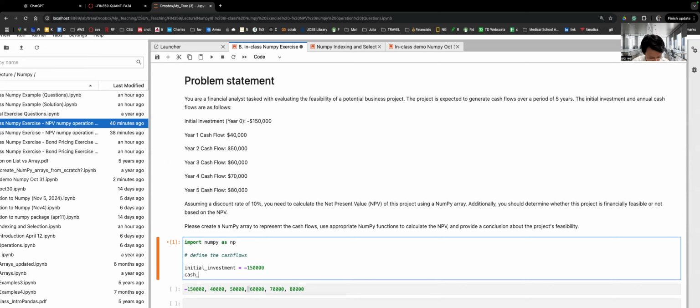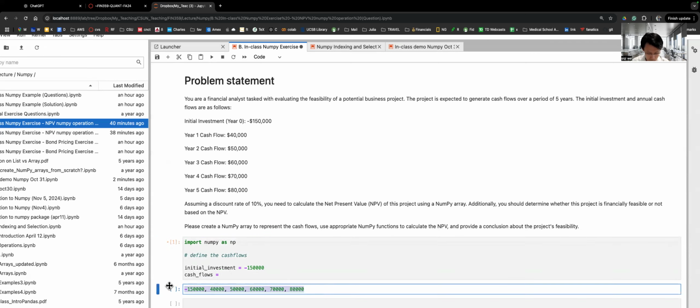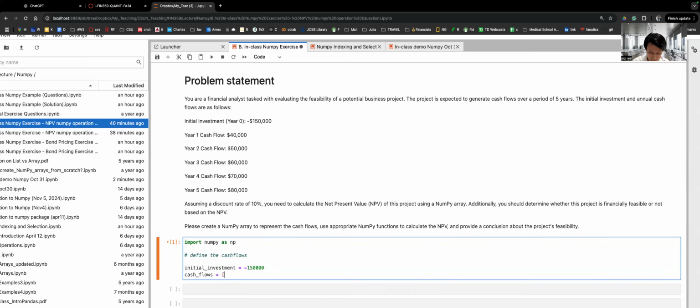And then we also have the project cash flows in the form of a NumPy array. Remember the syntax, we need to use the array function under the NumPy library.